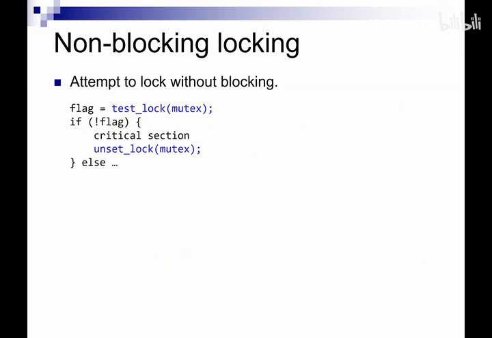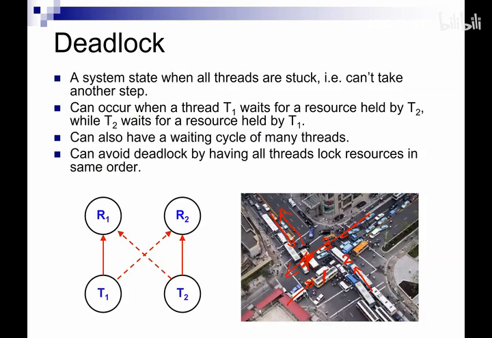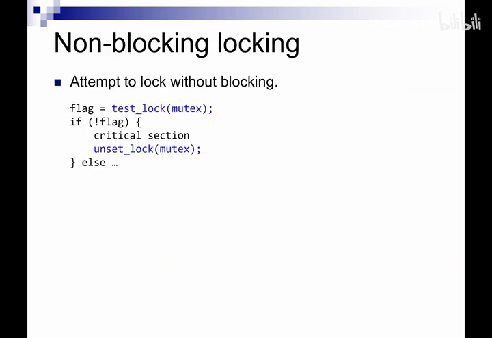So if we can't always lock resources in the same order in order to avoid deadlock, then something else we can do is use non-blocking locking primitives. Basically these functions try to get a lock, but if they fail to get the lock, they're not going to block the thread. The thread can still go do something else.